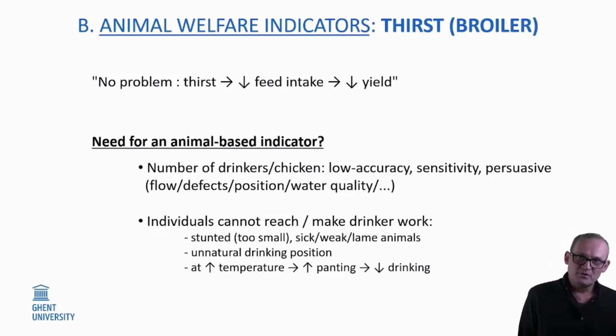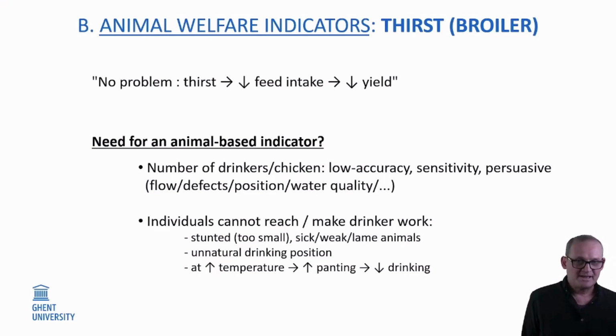Because simply the number of drinkers per chicken can't be very accurate. We don't know how sensitive that is, and it doesn't persuade me as good evidence that animals are not thirsty. For example, it can also depend on the flow of these drinkers, whether there are any defects, where they are positioned, what the water quality is, and so on.